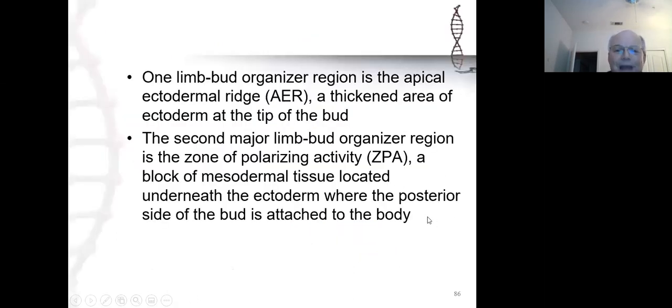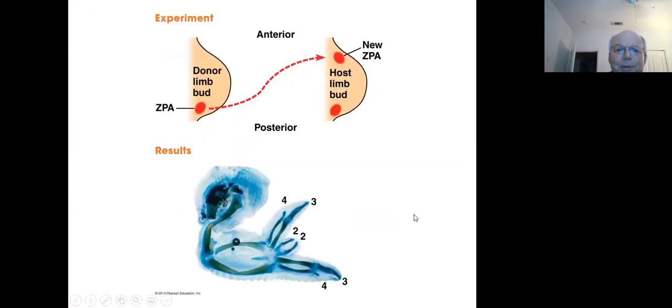The way to establish that in fact the ZPA is the origin of the anterior-posterior axis because it's producing this protein is to take a donor ZPA and transplant it to the anterior side of an existing limb bud, just as Spemann and Mangold did with the dorsal lip of the blastopore, to establish that the dorsal lip was the inducer or the organizer of the dorsal ventral axis in the frog.